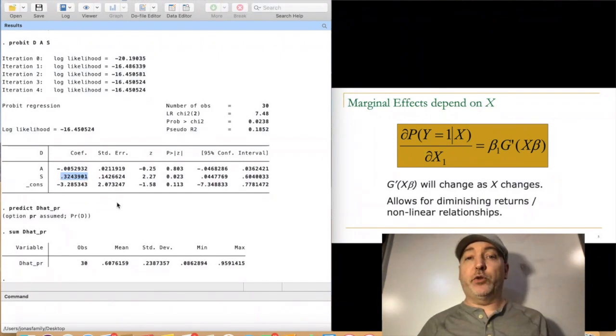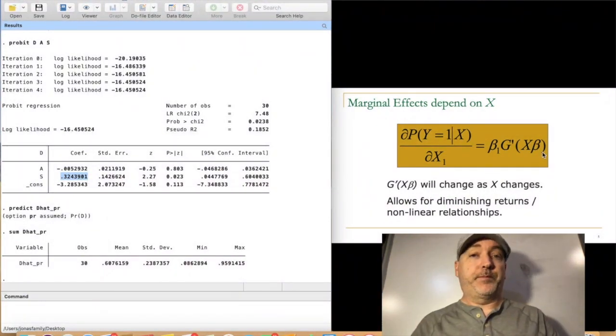Mathematically, what we would have to do, right, is take the derivative of g of x beta with respect to x, which is going to be the coefficient on x, the b1 here, times the derivative of g with respect to x beta. Here's where the logit model makes life a lot easier.